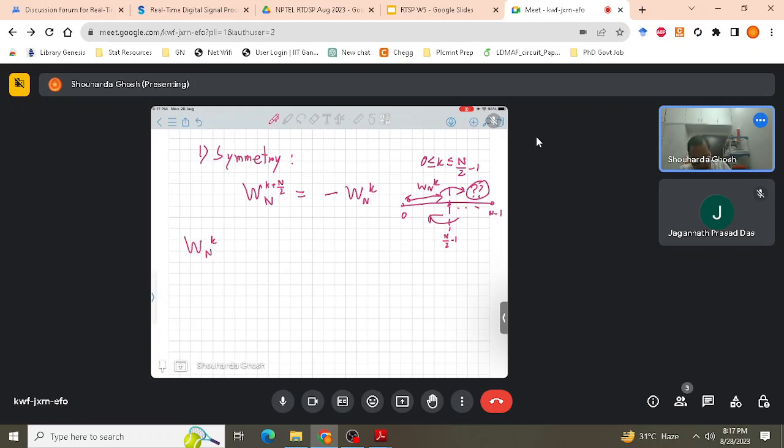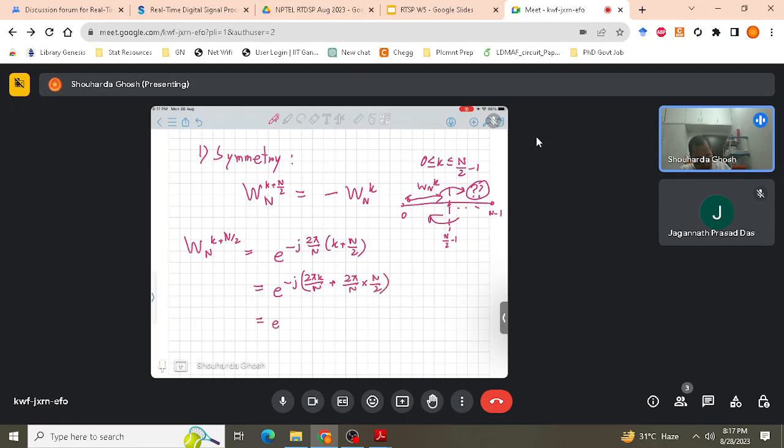W n of k plus n upon 2 is how much? What is W n? W n is e to the power minus j 2 pi upon n. And now what we have in the exponent is k plus n upon 2. If you break it down, it is j 2 pi k upon n plus 2 pi n times n upon 2.